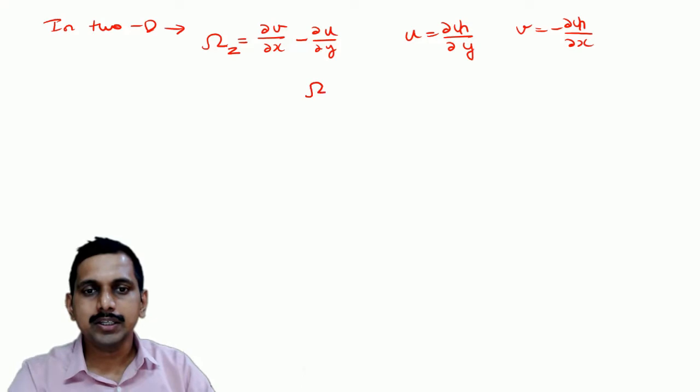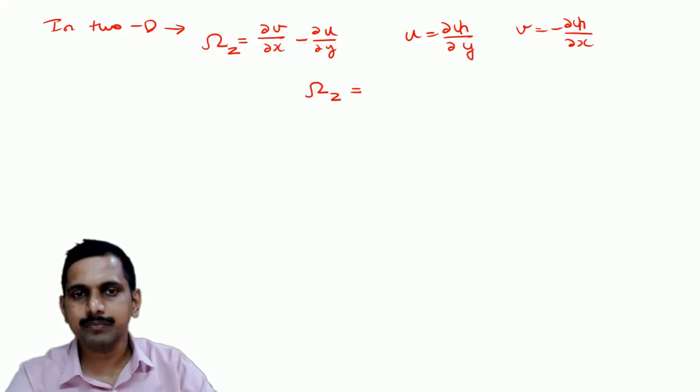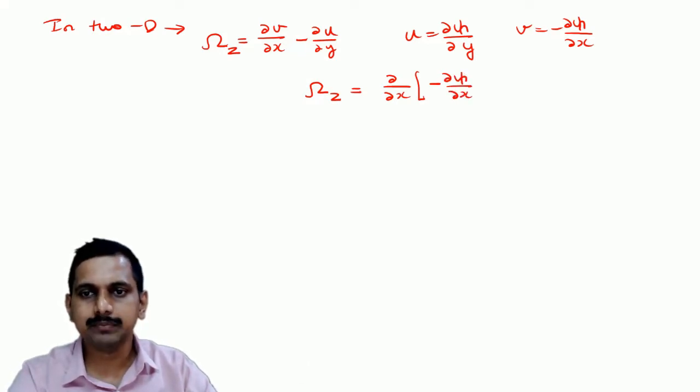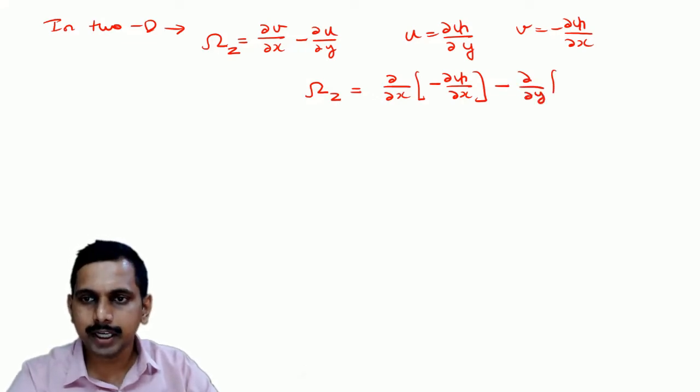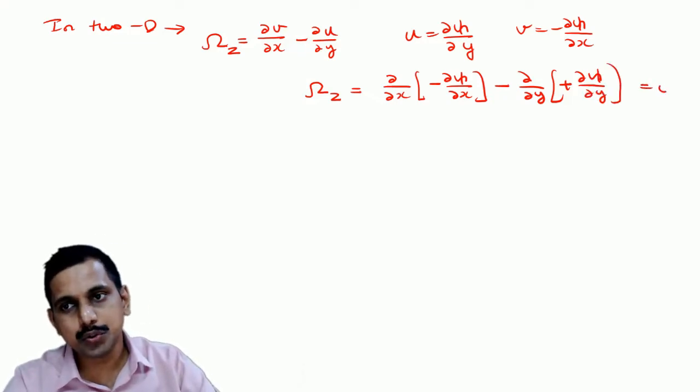The component of rotation in the z direction will come as ∂/∂x of (−∂ψ/∂x) minus ∂/∂y of (∂ψ/∂y). If it is irrotational, this goes to 0.